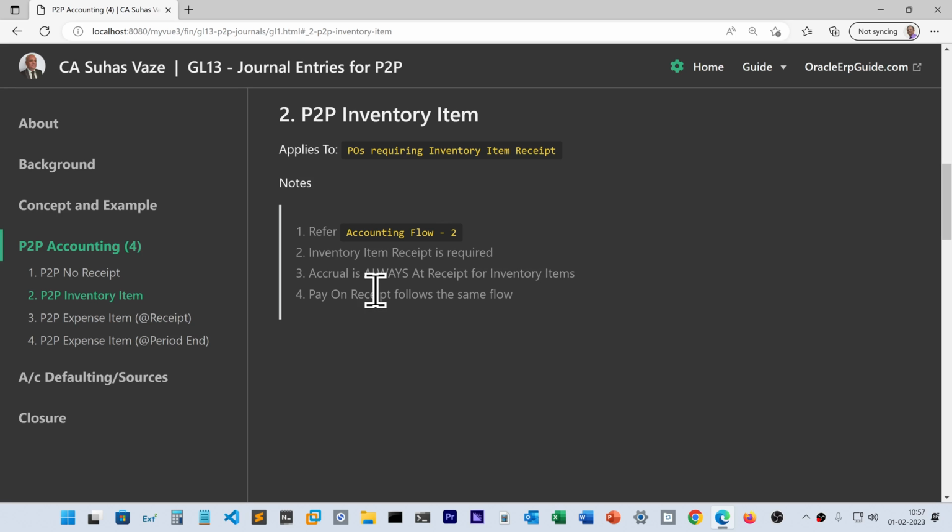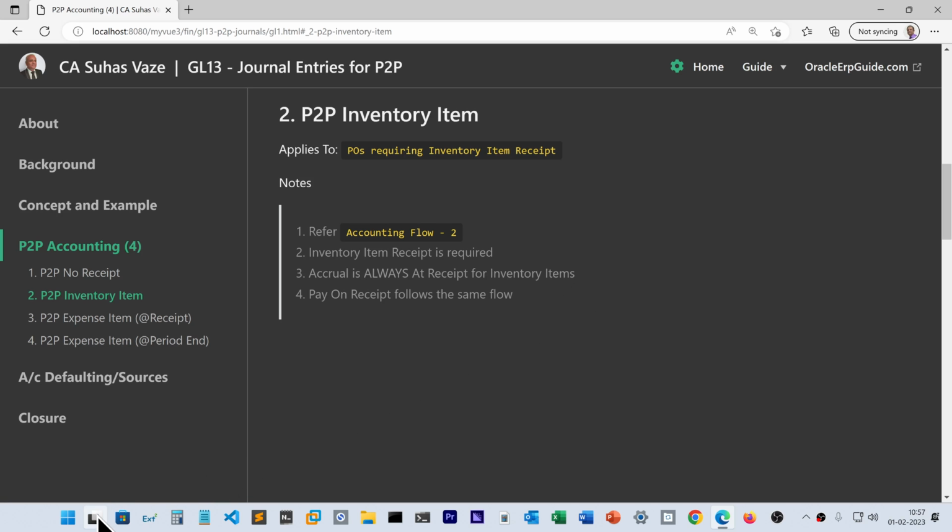For inventory items, the accrual is always at receipt. There is an option, accrual at receipt or at period end, which applies only to the expense items. If you take an inventory item, the accrual is always at receipt. For pay on receipt, the same flow of accounting will apply, although the flow of the business process is different. But the accounting flow is the same.